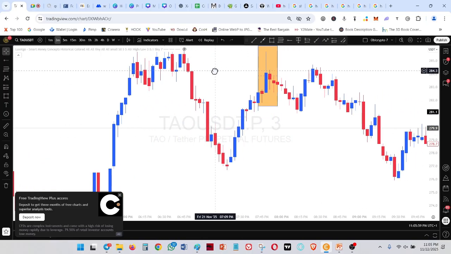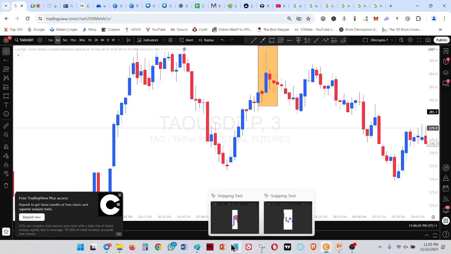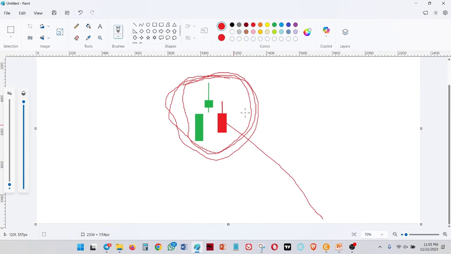Okay? Now, imagine if I ask you to draw this thing, if I ask you to rotate this upside down, what you will have will look like this. You will have something like this.